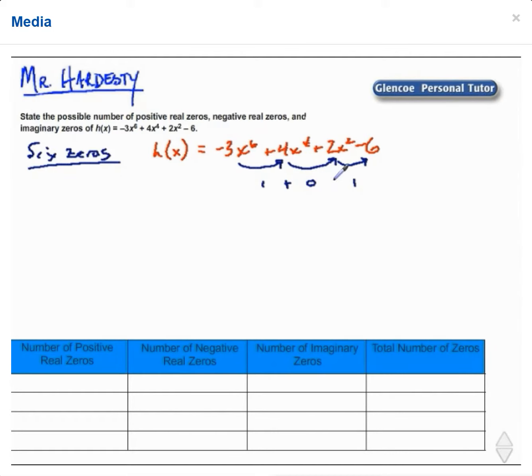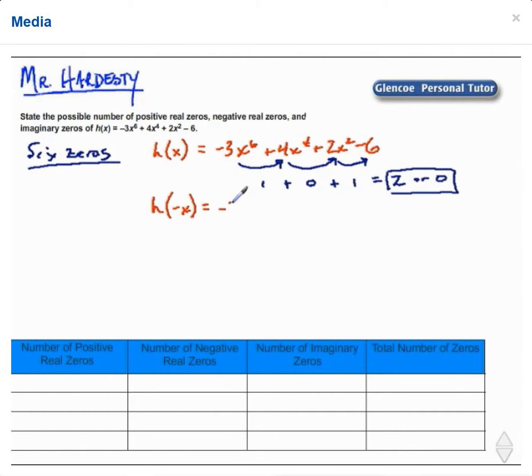So 1 plus 0 plus 1 is 2. According to Descartes' rule, we have either 2 or 0 positive real zeros.